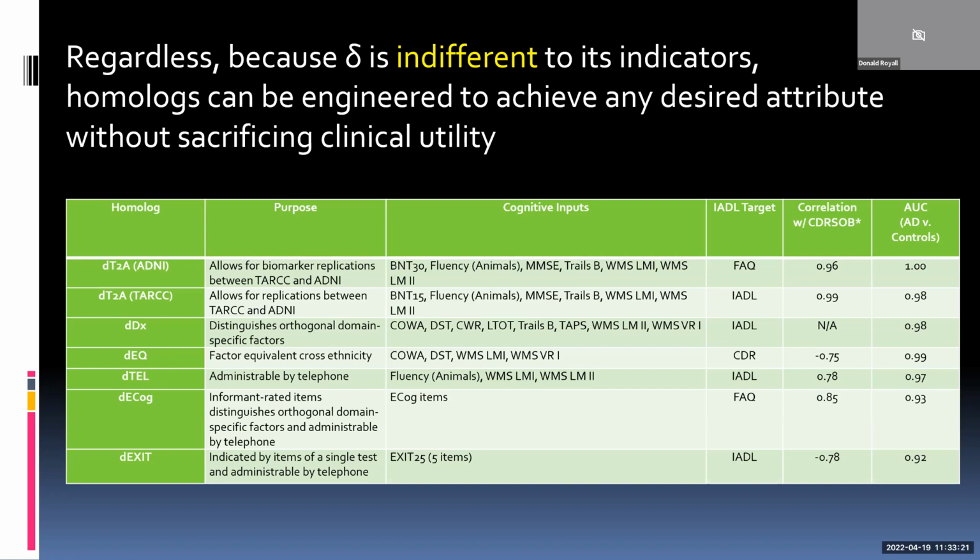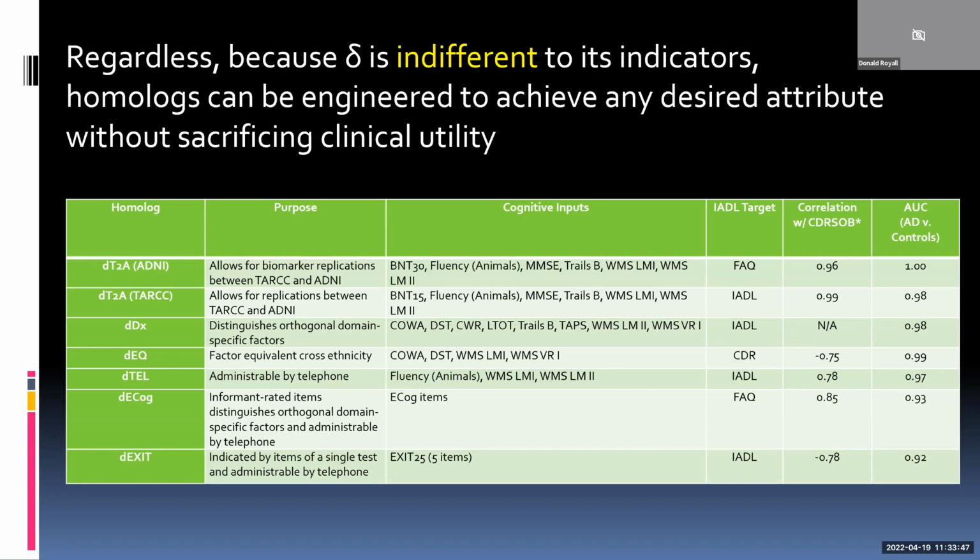And I needed a homolog that would span both of those cohorts. So the DT2A homolog has the same cognitive predictors in both studies and different IDL targets because the two studies didn't have identical IDL assessments. But that didn't seem to affect their clinical validation very much, if you look on the right.